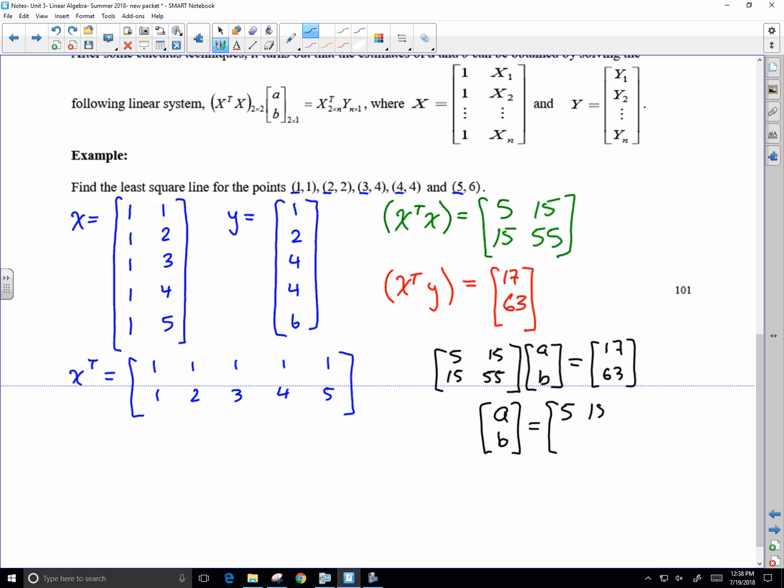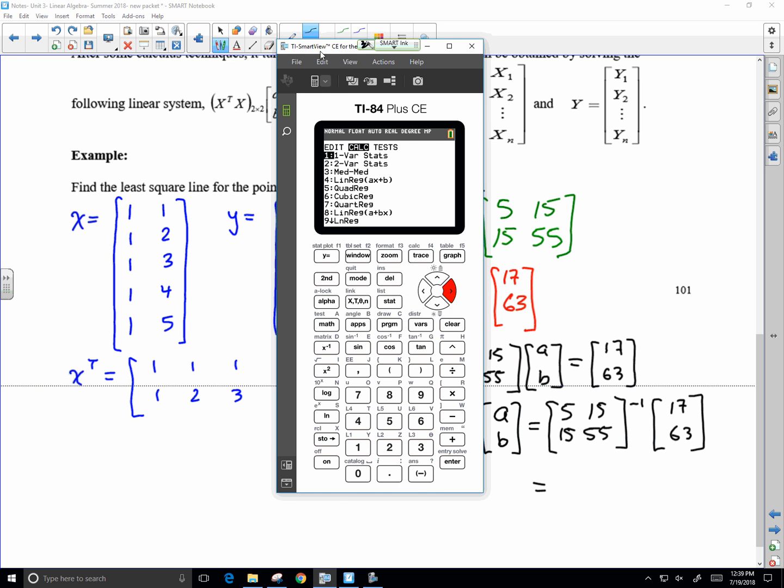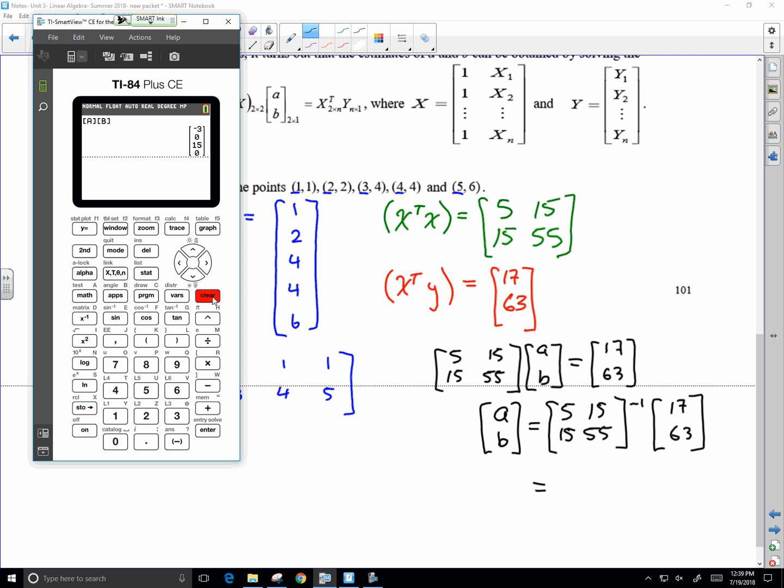So, inverse matrix approach. So negative 0.2 and 1.2.